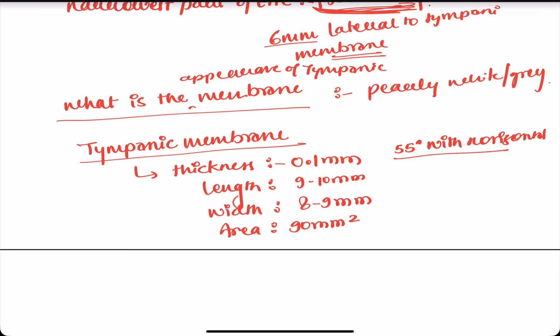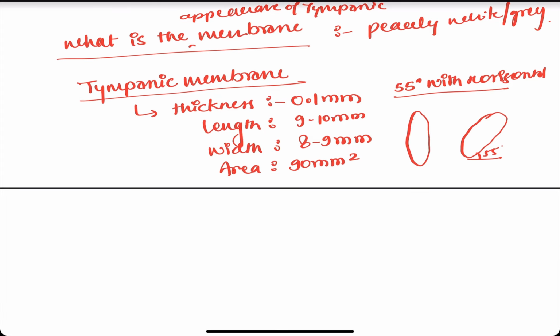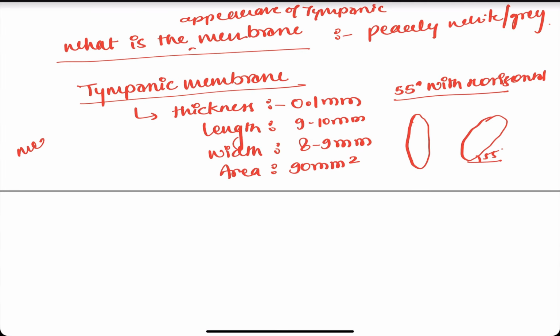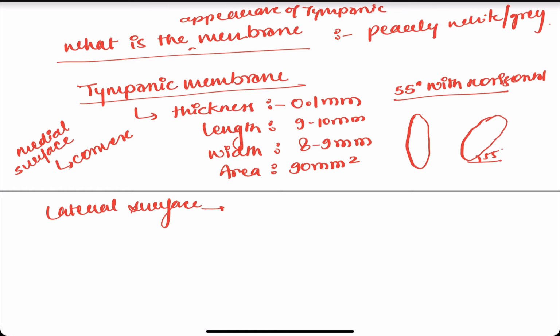The tympanic membrane is not vertical. It makes an angle of 55 degrees with the horizontal. The inner surface, meaning the medial surface of the tympanic membrane, is convex, and the lateral surface is concave.